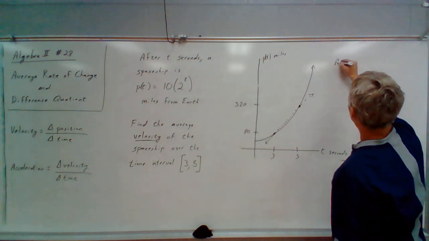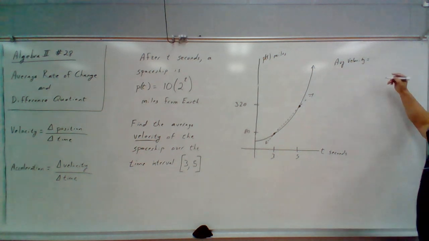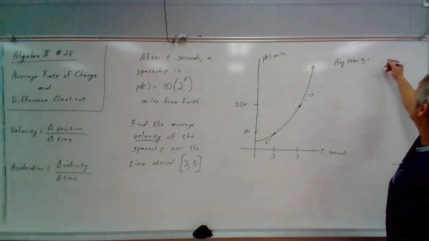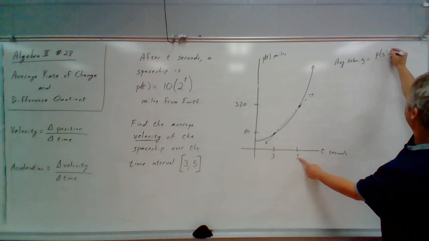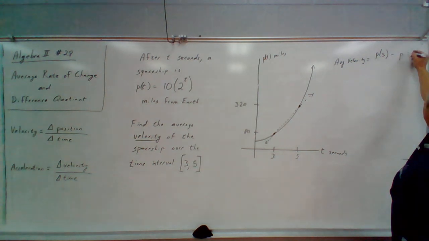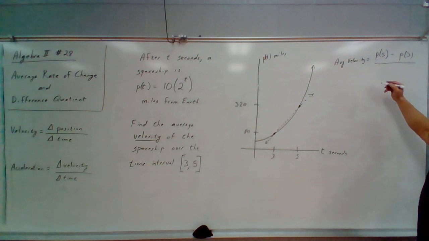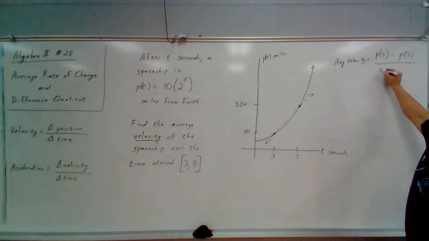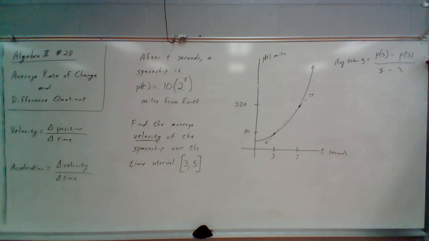So the average velocity is equal to the change in position over the change in time. So the change in position would be P of 5 minus P of 3. So that tells me my change in position over the change in time would be 5 minus 3, from 3 seconds to 5 seconds. This is miles. You've got to keep your units in here. This is seconds.